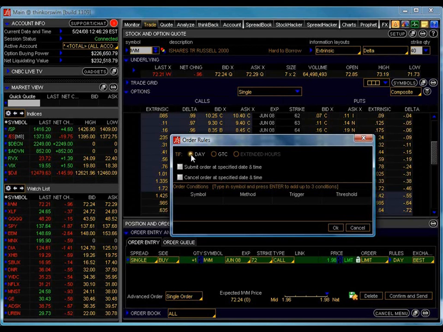If the market doesn't give you that price, then the order automatically expires at the end of the trading day, and you won't have that order in the very next day. It will cancel. It will just be over. They'll terminate the order, and you'd have to order if you wanted to continue to purchase that option the very next day. You'd have to put the order in again.